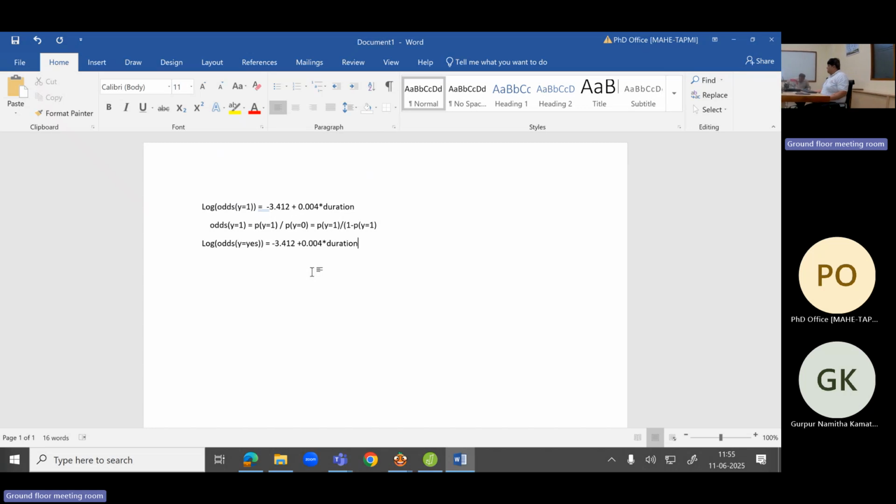So if P of y equal to 1 is 0.5, what will happen to my odds of y equal to 1?